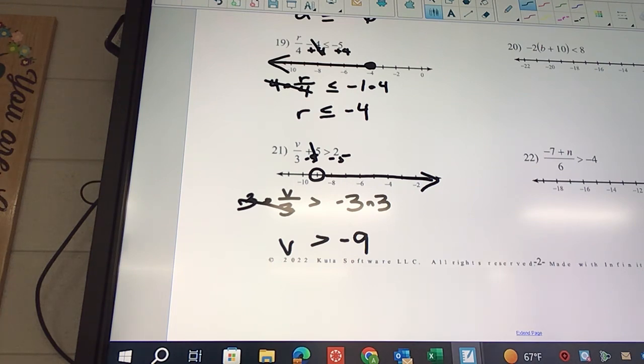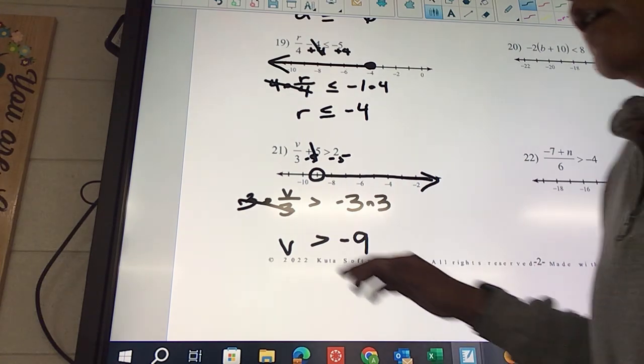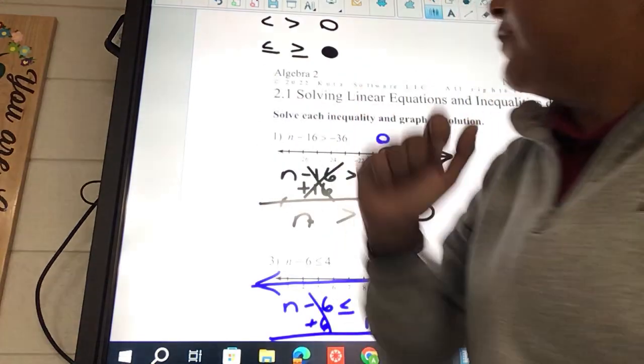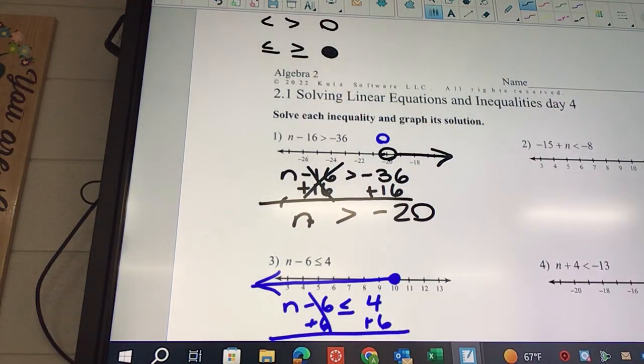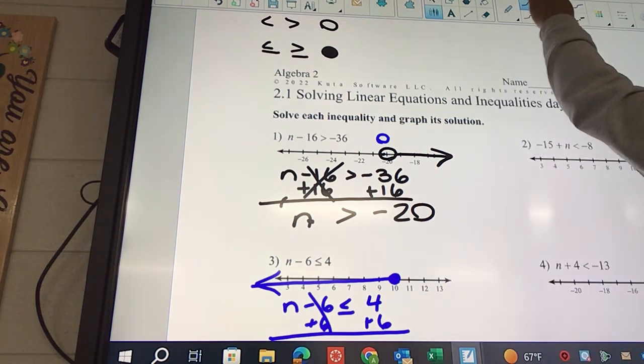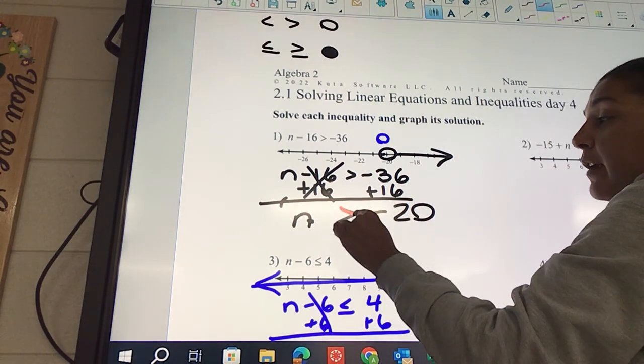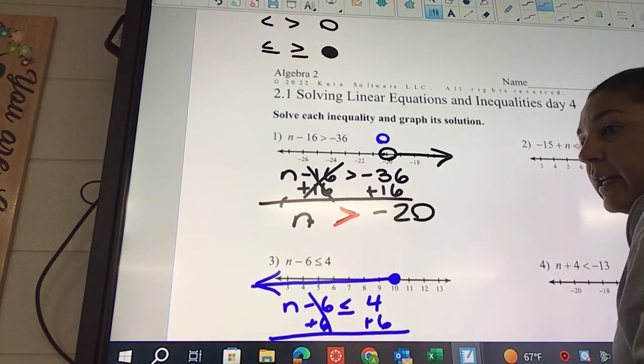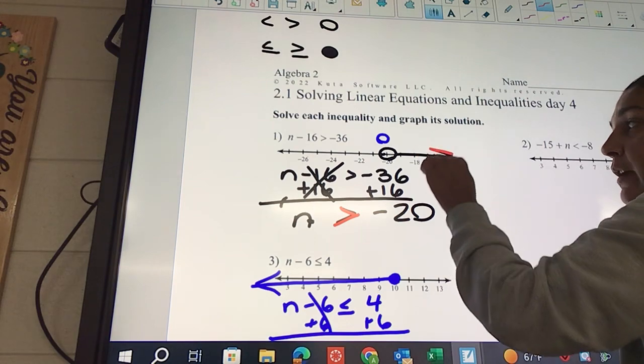Okay, now I'm going to show you the cheater way. Flip your page over, look at the front page. This is the way some of your teachers have taught you, but they haven't taught you why it works. If you look at this like an arrowhead, it is pointing this way.